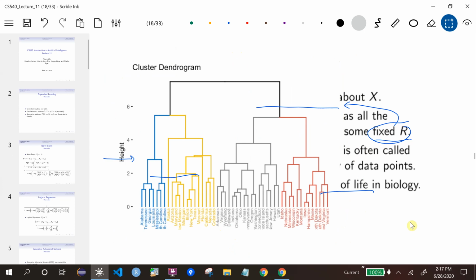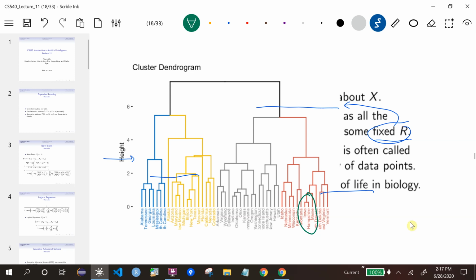If you look at a dendrogram like this, you can actually go back and figure out how we clustered this. The cluster height represents basically how early we are clustering them. From this dendrogram, we see that these two states here are clustered first at the beginning, so they are the closest, basically.